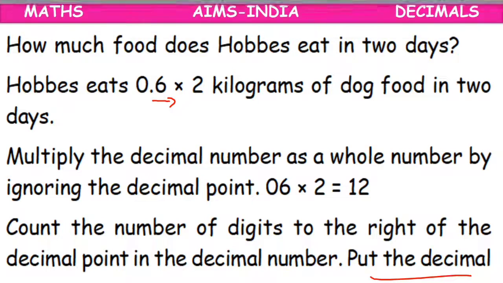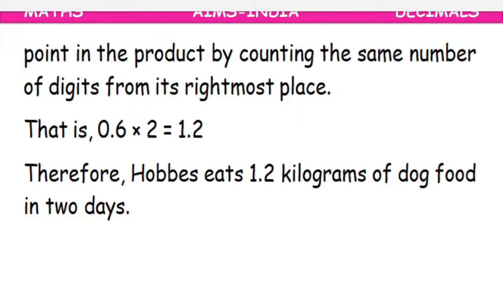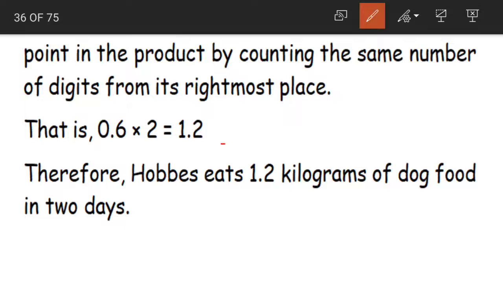So put the decimal point in the product by counting the same number of digits from the rightmost place. So as the product is 12, and 0.6 has a point after one digit, even in 12 we'll place a point after one digit from the right.